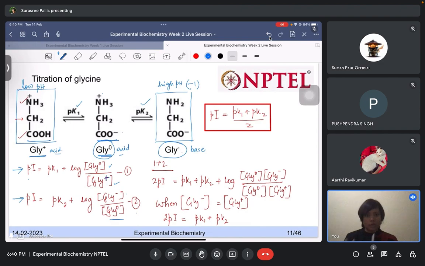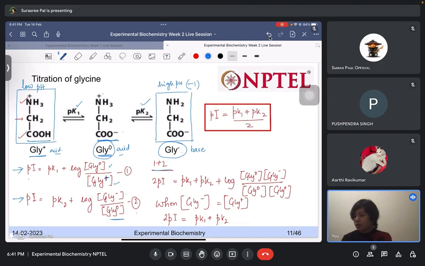So what we will now do is to calculate the pI. Now we will simply add these two equations, that is add 1 and 2, and what we get is 2pI equals pK1 plus pK2 plus log of glycine 0 into glycine negative divided by glycine 0 into glycine positive.